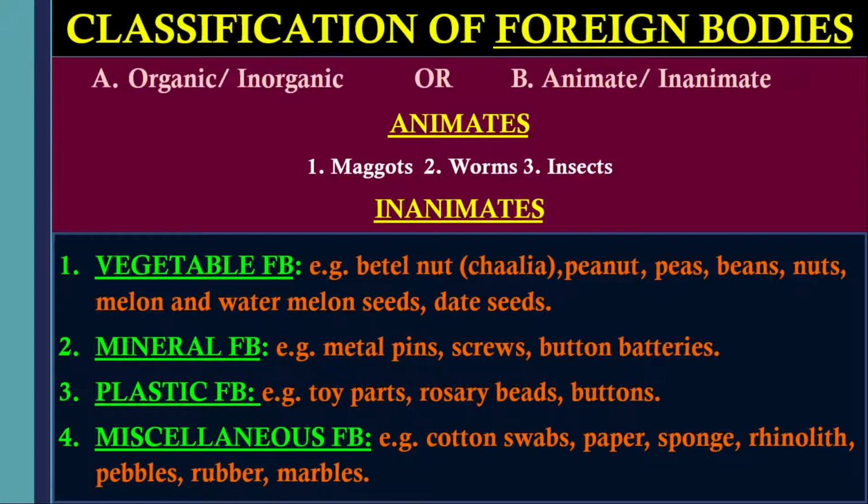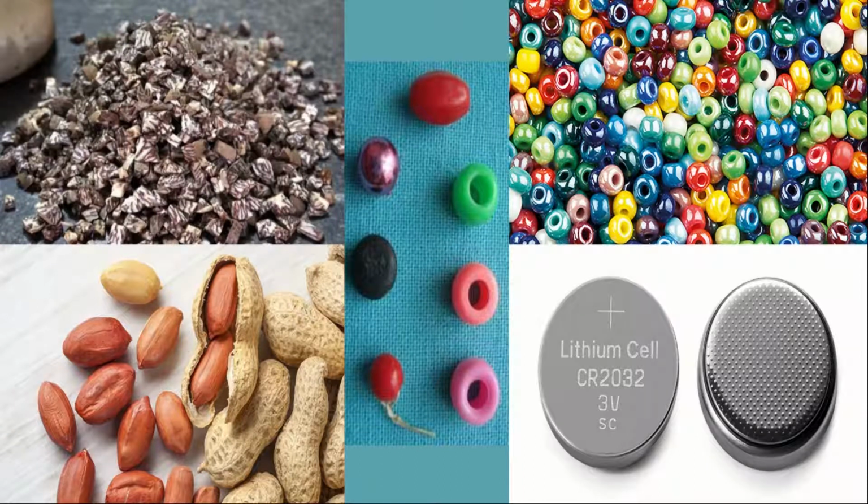Whereas miscellaneous type of foreign bodies under the inanimates can be cotton swabs, paper, sponge, rhinolith, pebbles, rubber, marbles. And these are pictures of certain types of foreign bodies like betel nut, plastic beads, peanuts and button batteries.